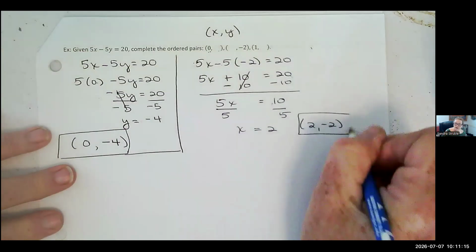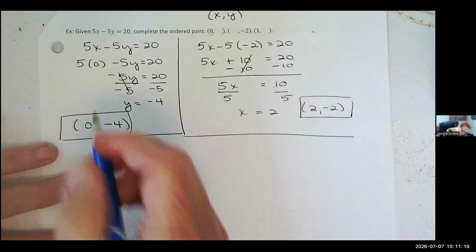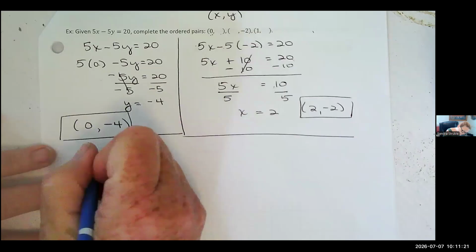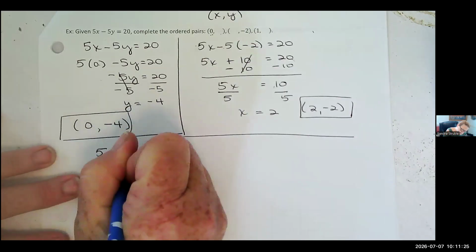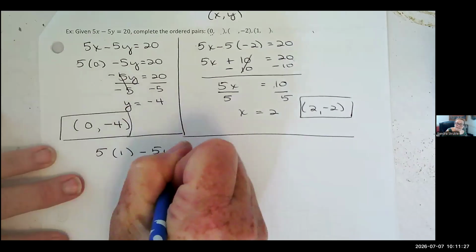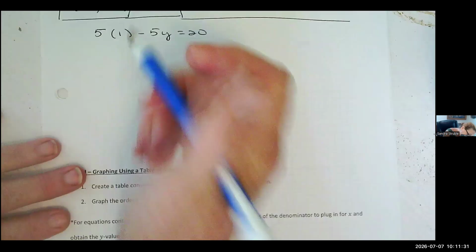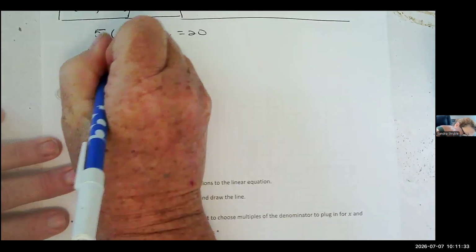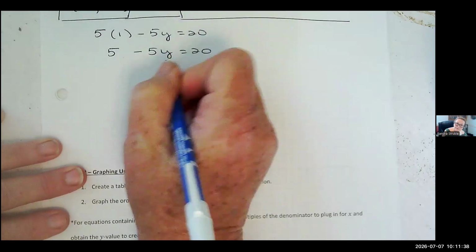All right, if you did not pause the video for the last one, please do so for this one. I've got 5 times x, x is 1 in this case, minus 5y equal to 20, solving for y. So we need y by itself on one side. 5 times 1 is 5, bringing everything else down. All right, I want y by itself over here, so I need to get rid of this 5 first.